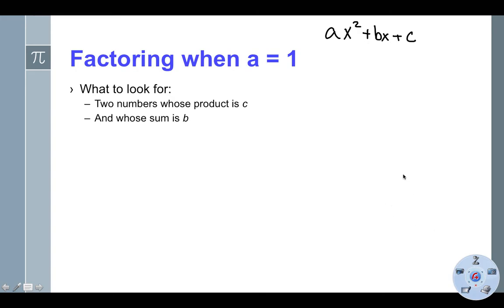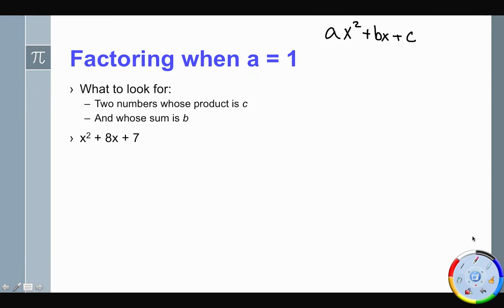Just like I mentioned in that very first problem we did. So here we need to look for 2 numbers whose product is 7 and whose sum is b. And you'll notice in the textbook they'll say your factors and their sum. So factors of 7 are 1 and 7. Well, that's actually it.